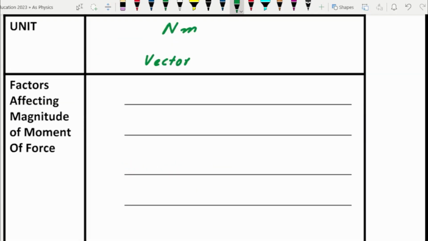Now we have the factors that would affect the magnitude of turning effect of force, moment of force or torque. There are three factors. Number one, magnitude of force.